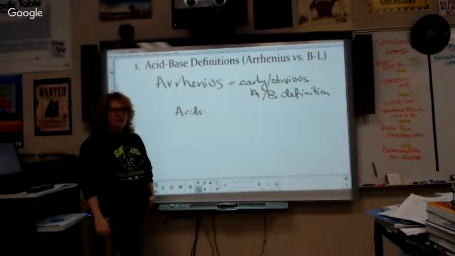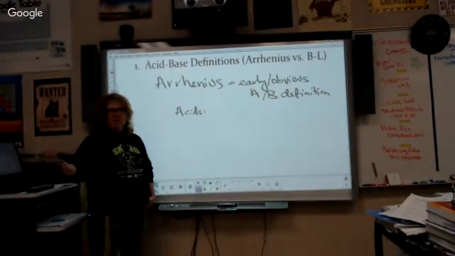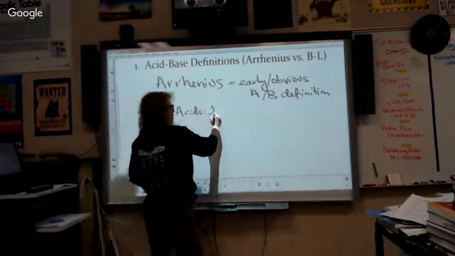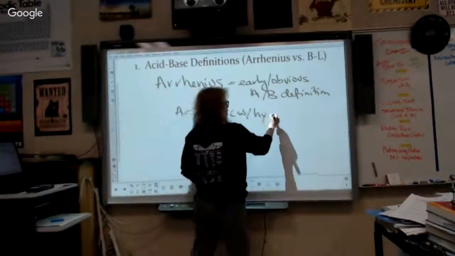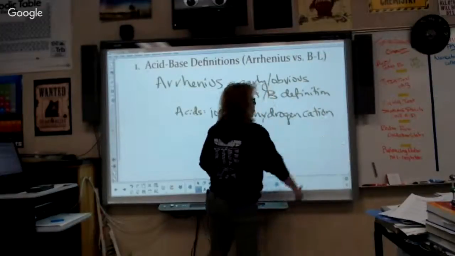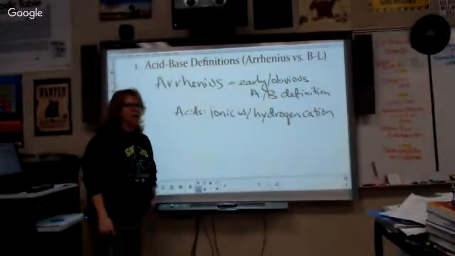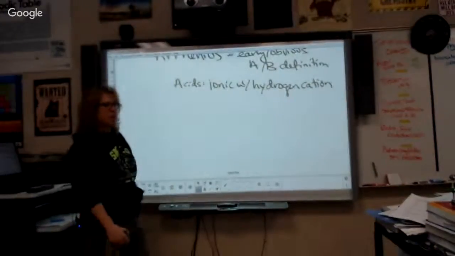Hydrogen where? Yeah, first element. It has a hydrogen cation and it has some other anion. Can be polyatomic, can be binary, can be all kinds of stuff. So the typical acid definition is like the one that you know.